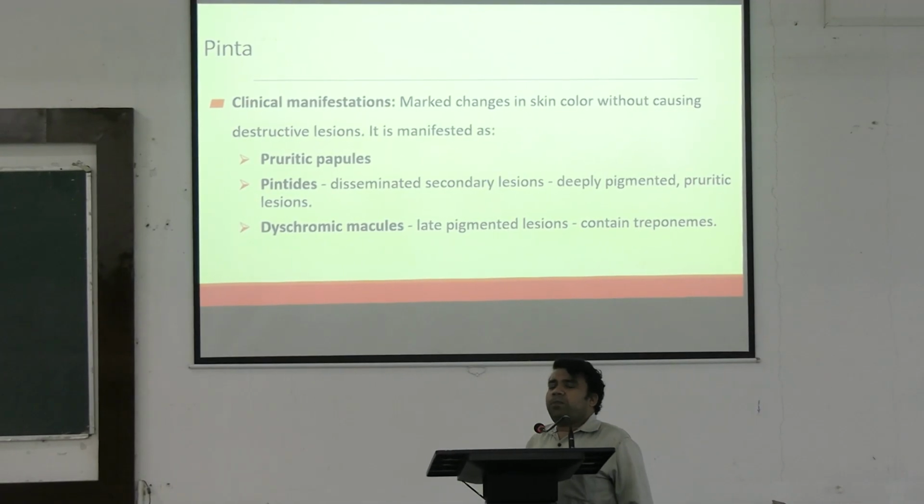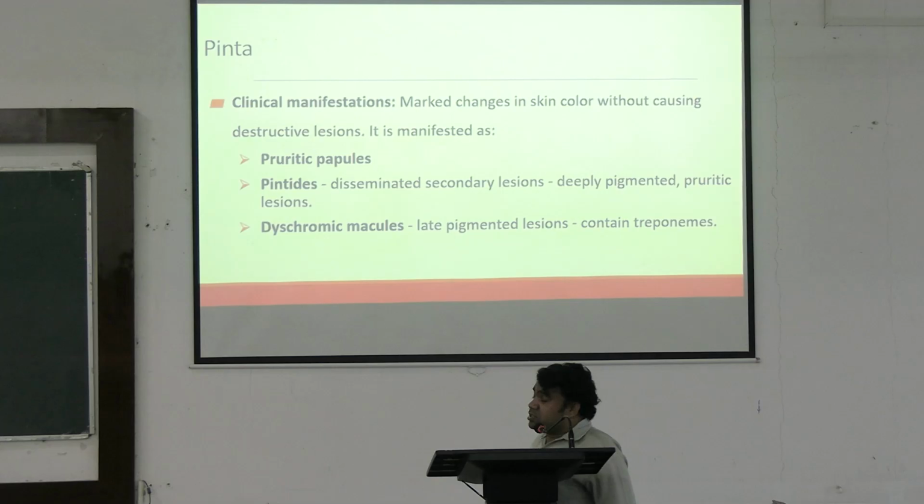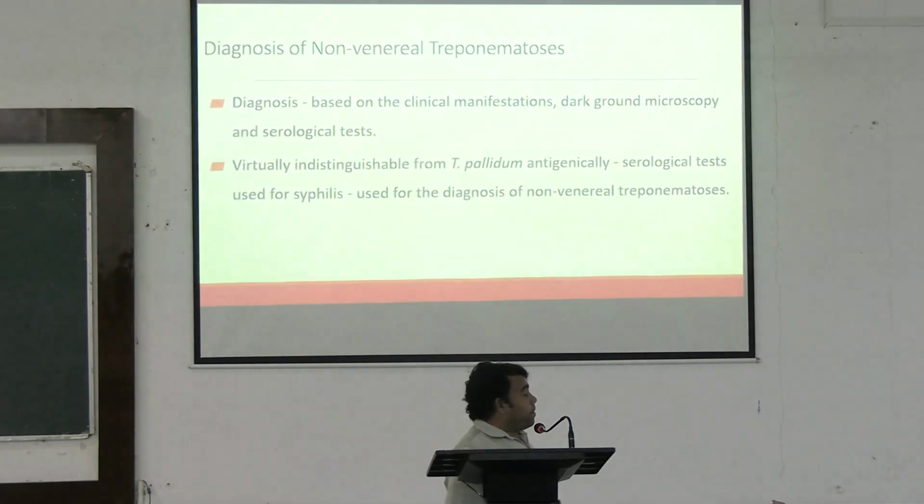That means a small papule will appear which will be highly pruritic in nature. Then after dissemination we can find small lesions throughout the body which are called pintids. Hence the disease is named Pinta. And then dyschromic macules. That means macules can be seen all over the body with altered pigmentation of the skin. This is the common presentation which is seen in case of Pinta.